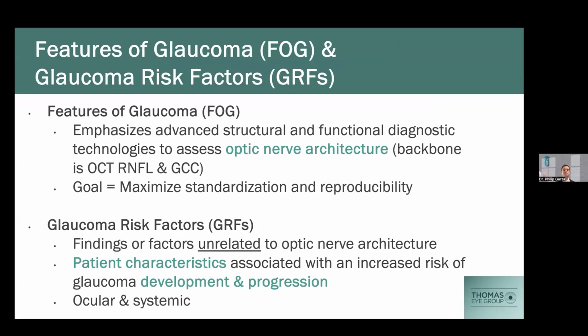And the other axis is, what are their risk factors for either developing glaucoma if they're a suspect and don't have manifest disease yet, or for progressing once we say they have manifest disease. And features of glaucoma really emphasizes our diagnostic technologies that most of us now have access to, RNFL and ganglion cell complex OCT, to talk about changes in optic nerve architecture.